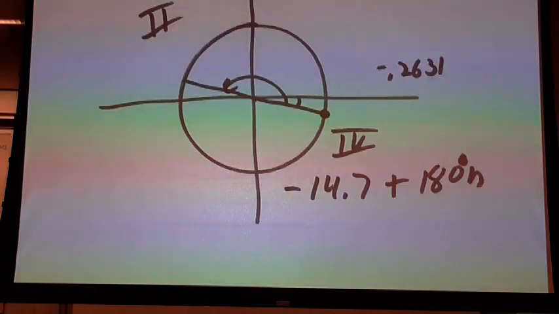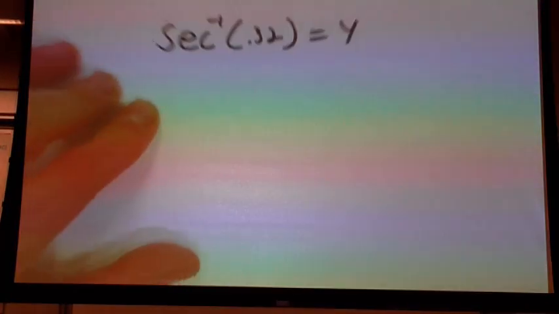We're not done. Let's take a look at the same question. What if I wanted to find the inverse secant of, I don't know, 0.32, let's say. So again, I'm going to go through that whole process again.